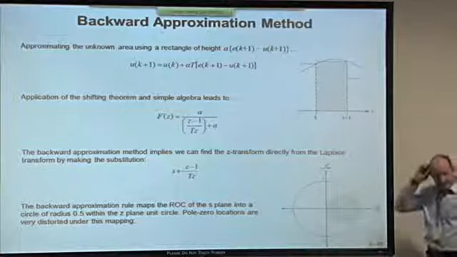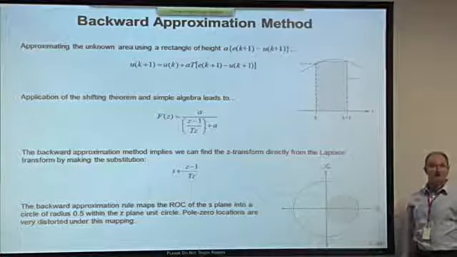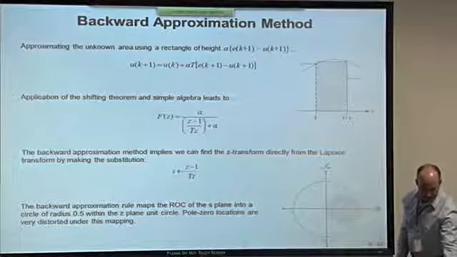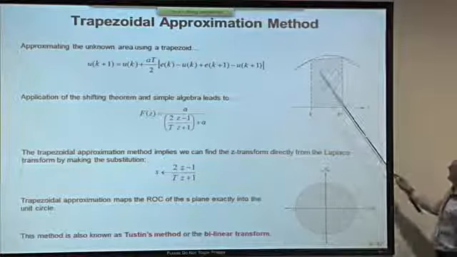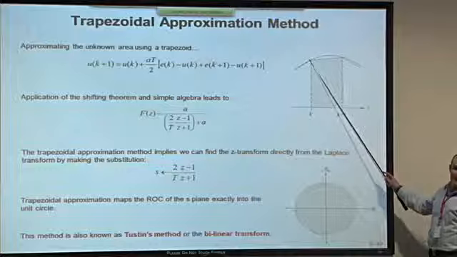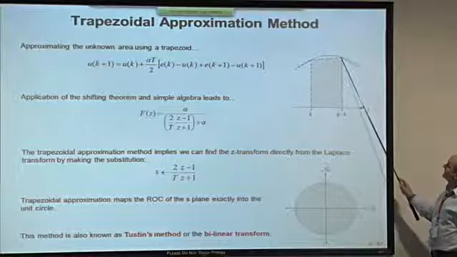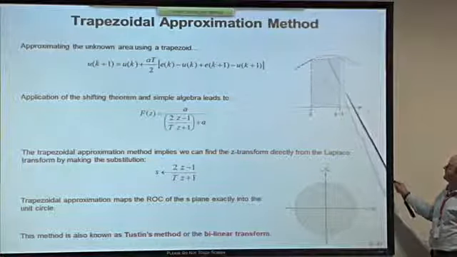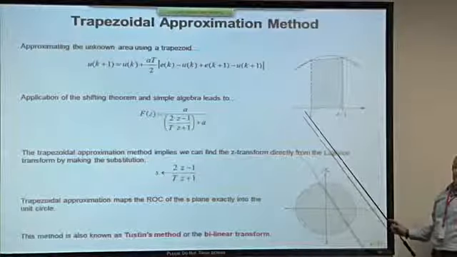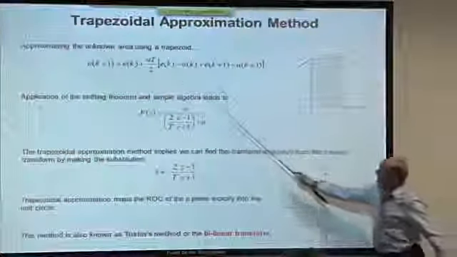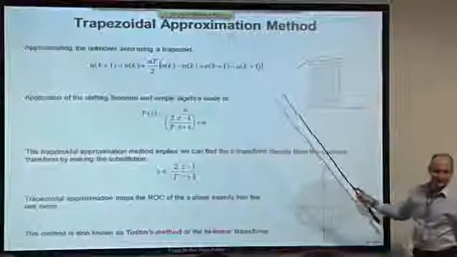What's the next logical step? Well, we've done rectangles. Let's try trapezoids. Instead of a rectangle now, let's use a trapezoid. We'll take a straight line from the amplitude of the integrand at time t equals k to at time t equals k plus 1. And now we need the area of this. It's half the base times the sum of the sides.